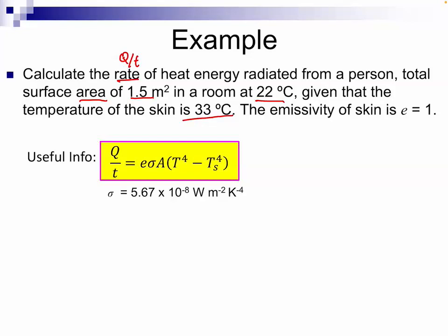For the equation, the person is in a room, and therefore you need to consider the environment or the surroundings, and the radiation that is absorbed by this person from the surroundings, as well as the radiation that this person emits.